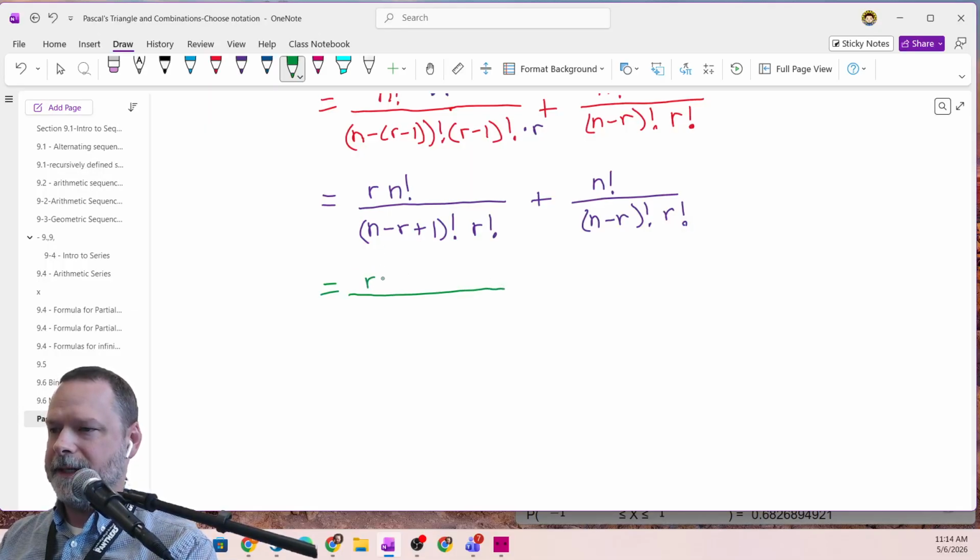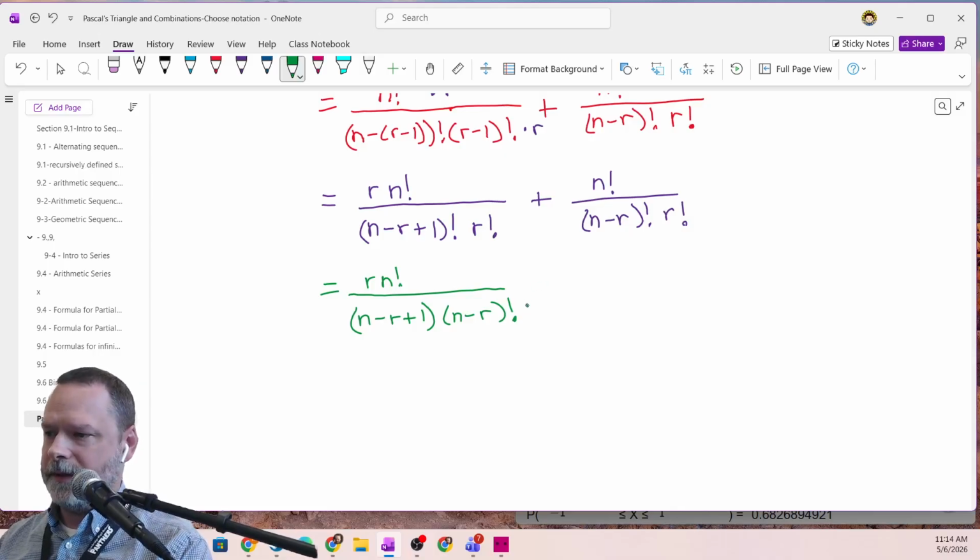I could rewrite this still as r times n factorial, and this guy I could rewrite as n minus r plus 1 times n minus r factorial times r factorial.